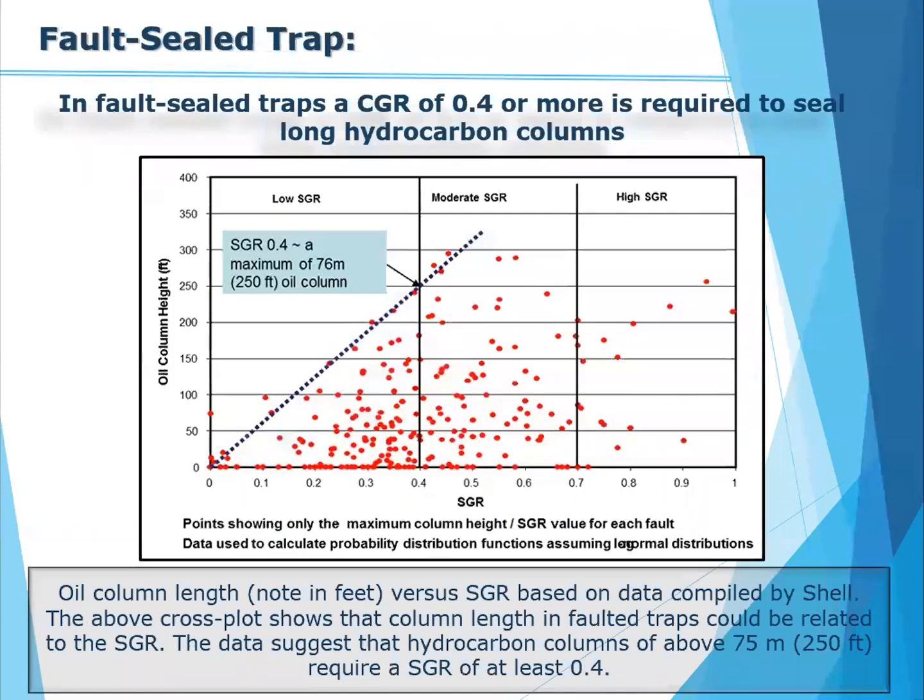Yeah. And now it becomes really, really interesting, because when we plot the length of oil columns against the shale gouging ratio, which is still probably one of the best parameters to use in the gouging world, then we see actually that whatever the ratio is, when we have moderate shale gouging ratio or high shale gouging ratio, then we seem to hold back the columns.